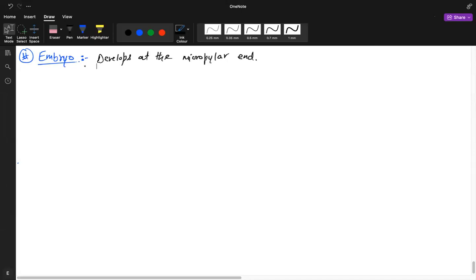So you can write down that the zygote divides only after the primary endosperm cell has divided multiple times to form an endosperm tissue.